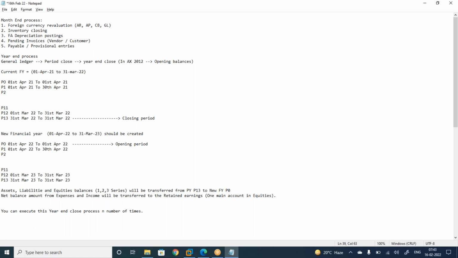N number of times. Suppose the balances are updated now. On the 1st of April you have executed, or the 5th of April. Once again on the 6th of April you did some corrections and posted some pending transactions. Then you need to run it once again. Yes, you can execute. Whatever the differences are, they will be processed.